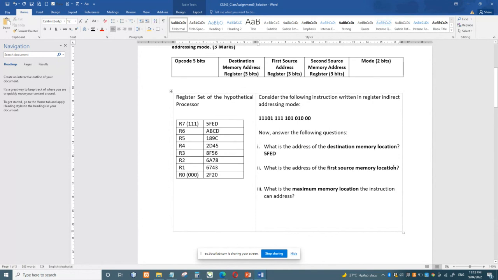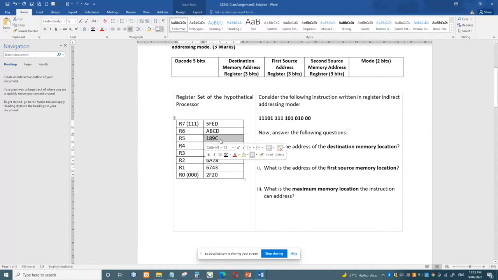What is the address of the first source memory location? What is your first operand? 189C. So basically, your first source address register is register number 101, which is register number 5.